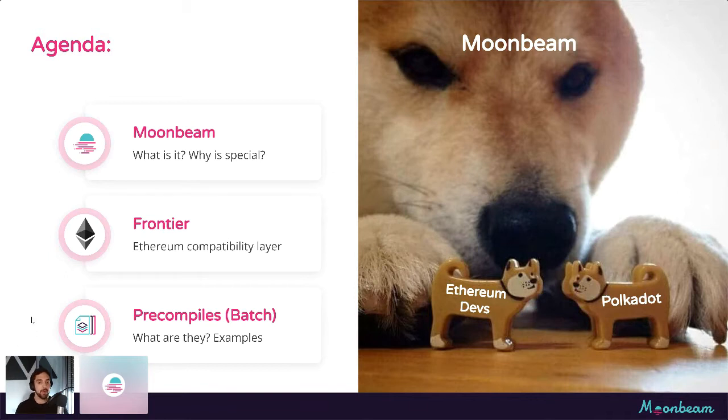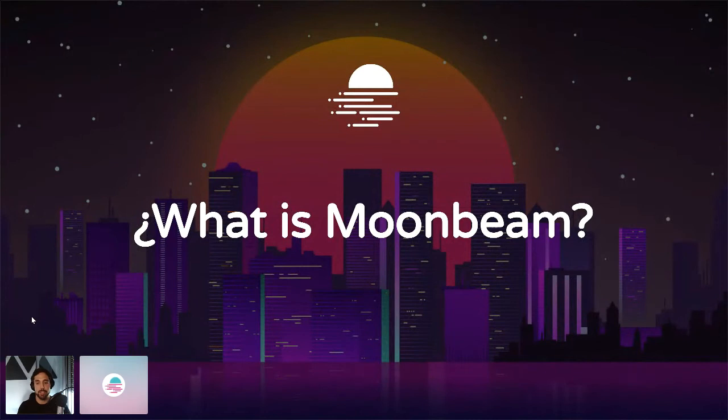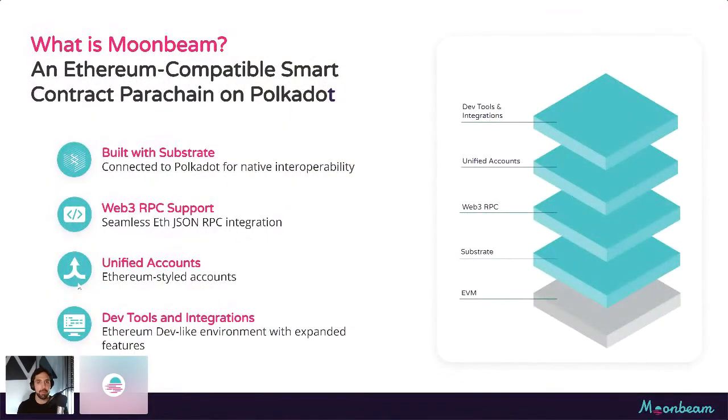So the first question is, what is Moonbeam? Hopefully by now you're familiar with our project. But if you're not, this is going to be a very brief introduction. Within the Polkadot or Kusama ecosystem, Moonbeam or Moonriver provides an Ethereum-compatible smart contract platform for the entire ecosystem.